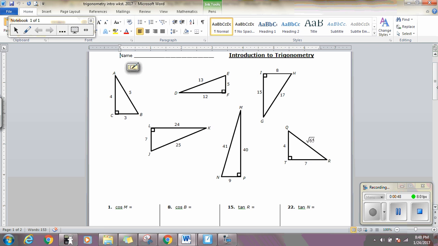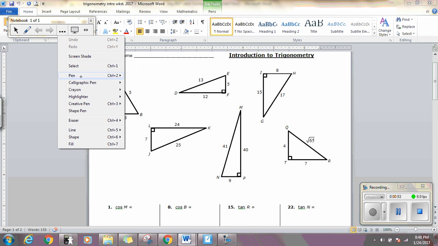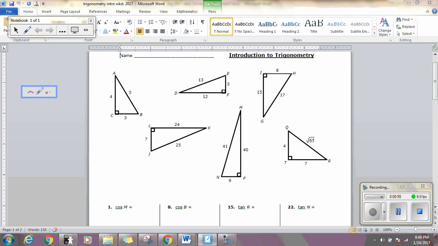So number 1 says find the cosine of m. So find the triangle that has m on it, and it's this triangle here. So m will be my reference angle. And for cosine, you gotta remember cosine, we need adjacent over hypotenuse.